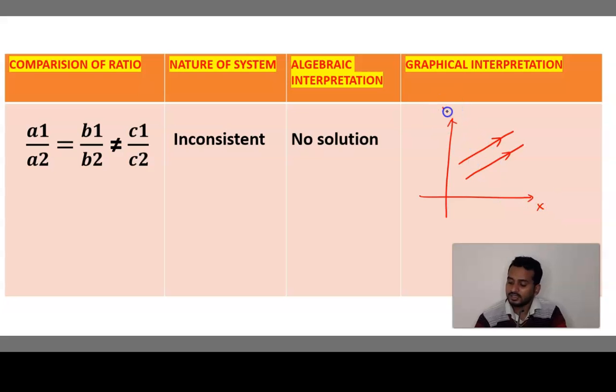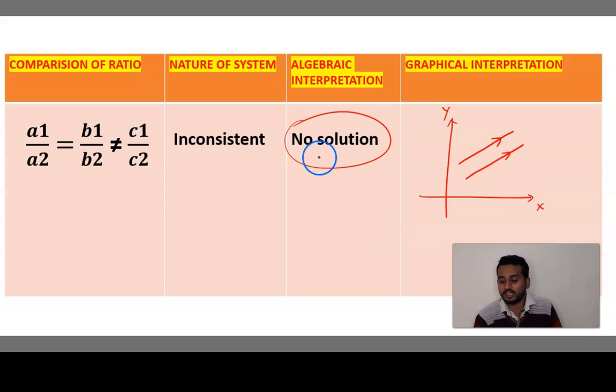This is the x-axis and this is the y-axis. Since both the lines are parallel, the solution is no solution. It means we are not getting any final answer. We don't know the value of x, and we are not getting the value of y. That is what is called no solution. Is this clear? Good. Understood?